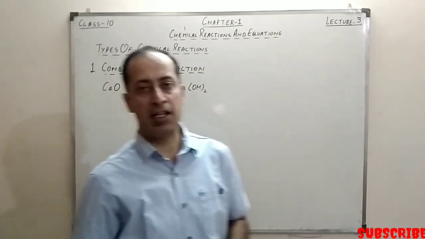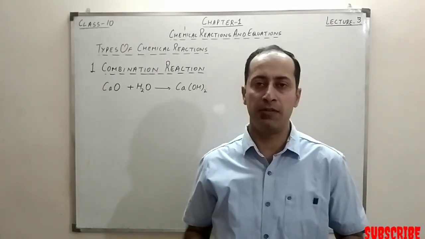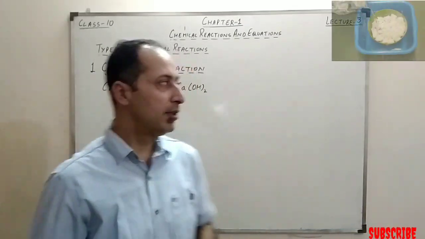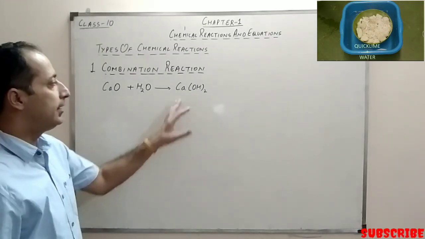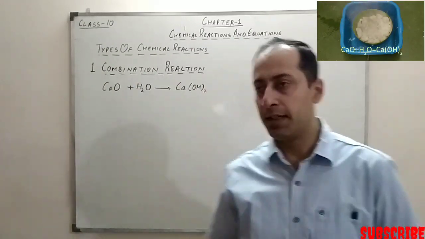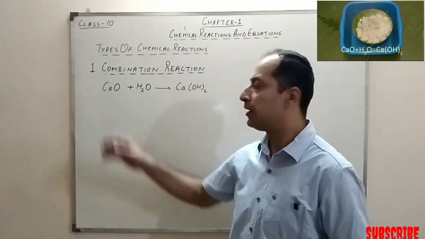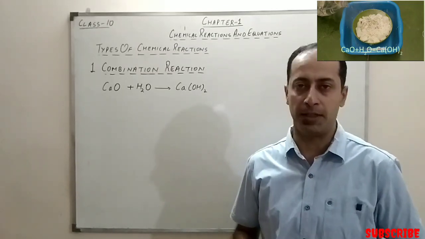You can see the reaction of calcium oxide in water on the small screen which is coming here, right? So calcium oxide plus water forms calcium hydroxide, which is also called lime water. In Hindi we call calcium oxide chuna, and calcium hydroxide is called chune ka pani, right?